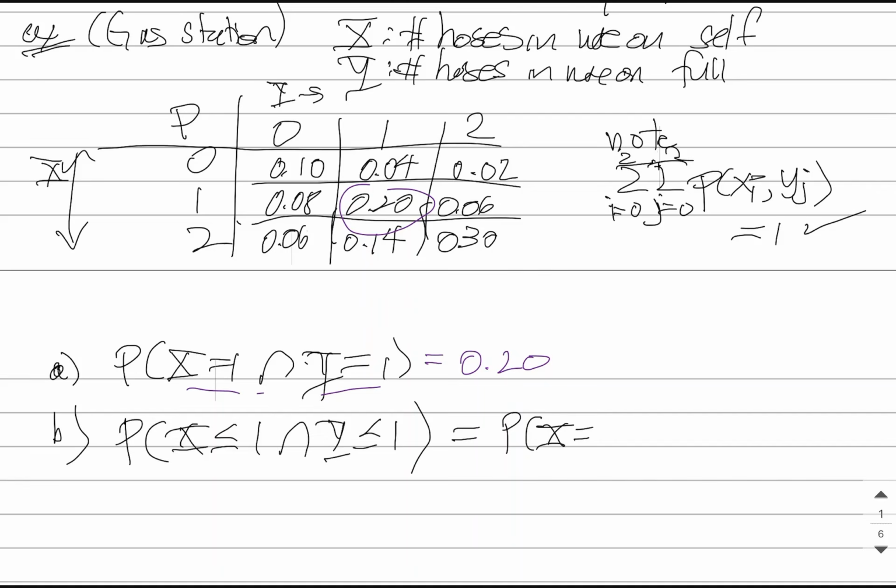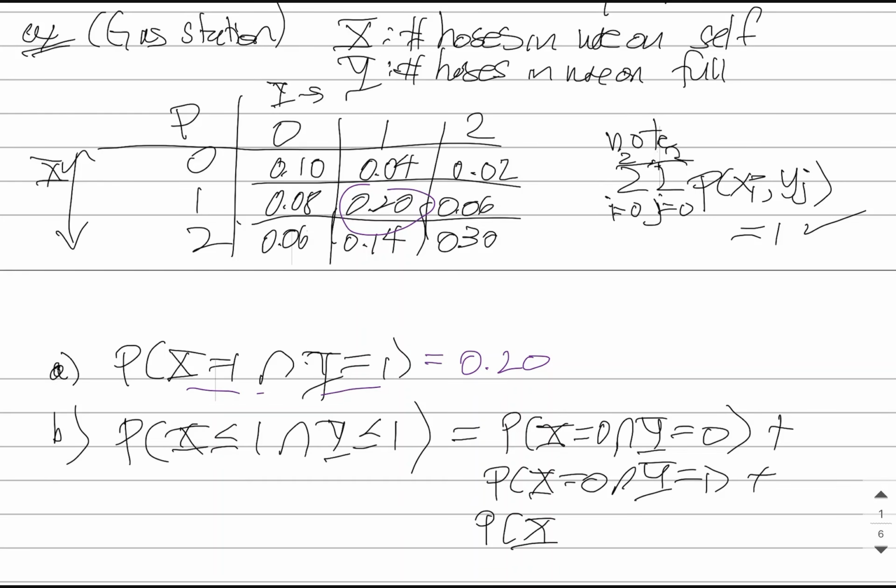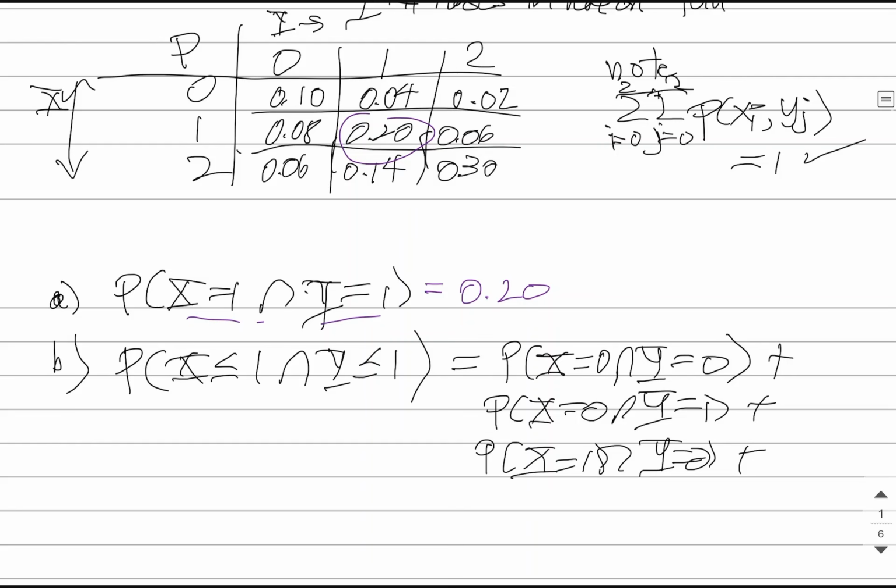On this particular example, that corresponds to 4 entries. X is 0 and y is 0. X is 0 and y is 1. X is 1 and y is 0, as well as x is 1 and y is 1.